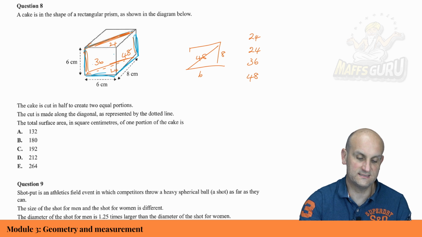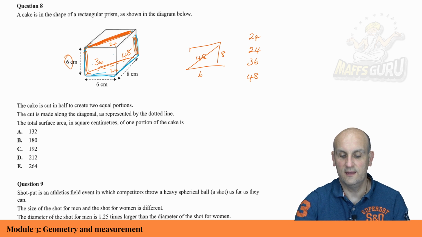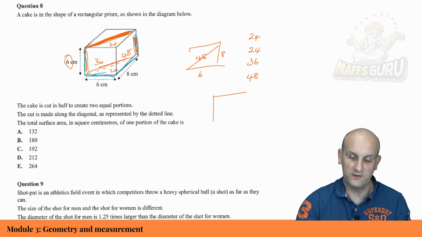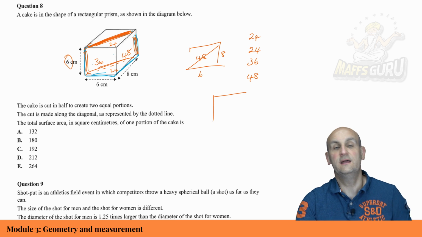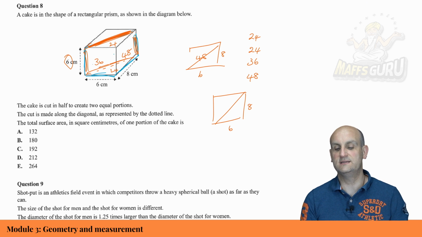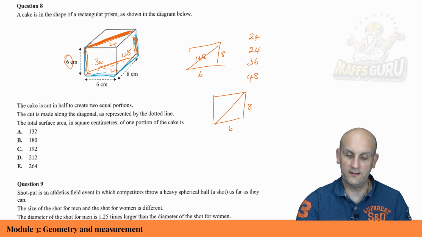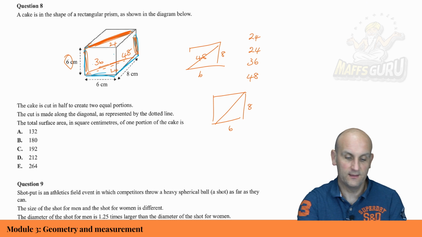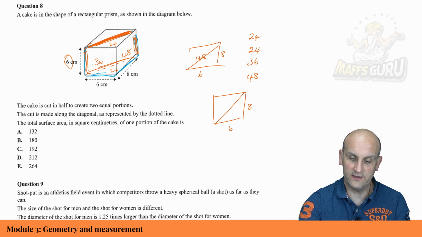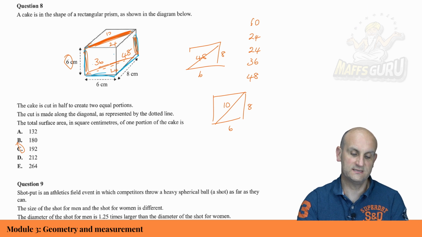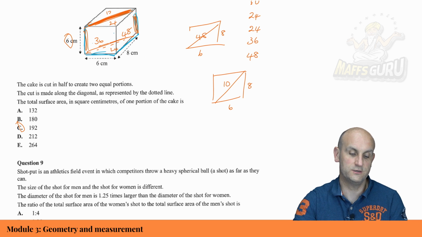Well, we know the height is 6, so all we need to do is find that diagonal length there, and again, we go back to our old friend Pythagoras, because we've got 6 and 8. And you didn't really need your calculator because that's actually just twice as big as a 3, 4, 5 triangle, and so that value there came out to be 10. That 10 and the height of 6 gave 60, and adding all of those together gave me C, 192.